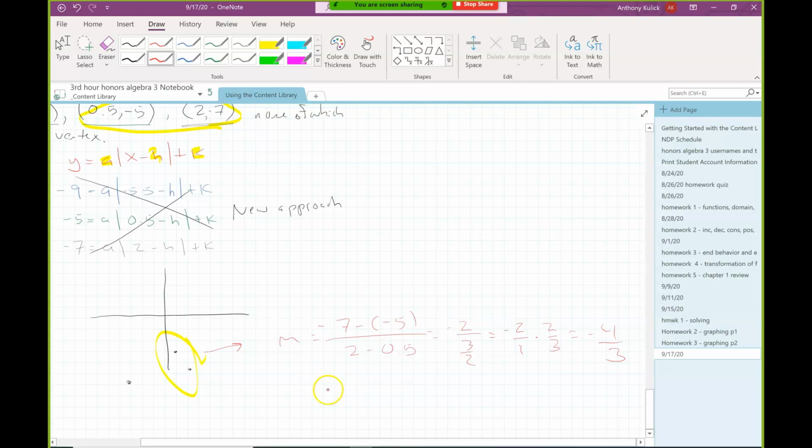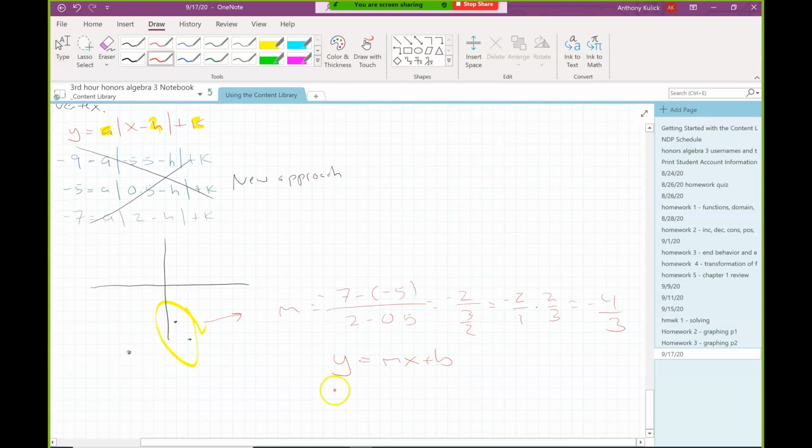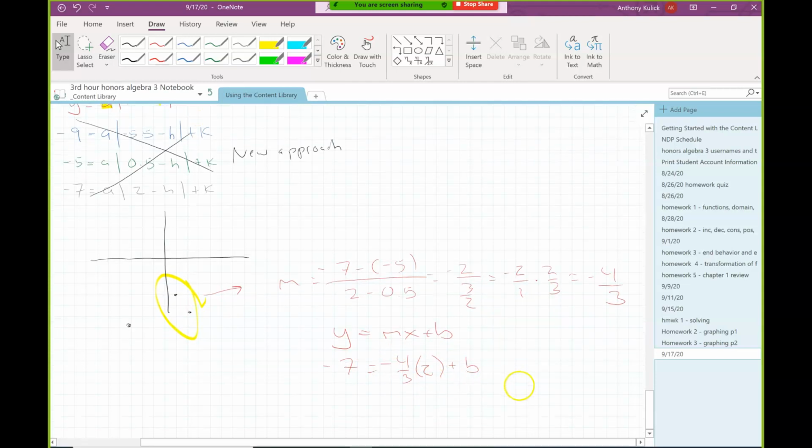Okay. So if I take my y equals mx plus b, I know what m is, and I can find b by plugging in one of the 2 points. So like -7 is equal to -4/3 times 2 plus b. So that's going to give me -7 equals -8/3 plus b.